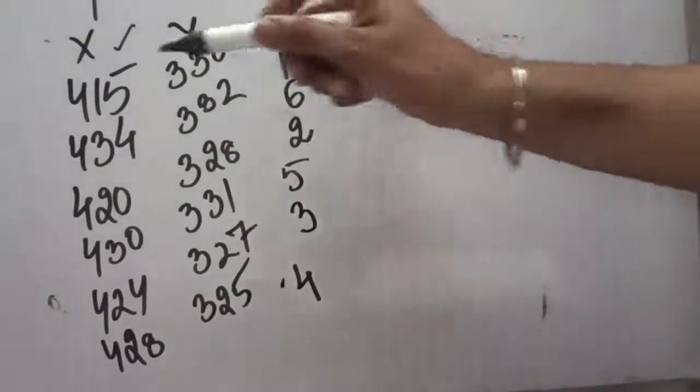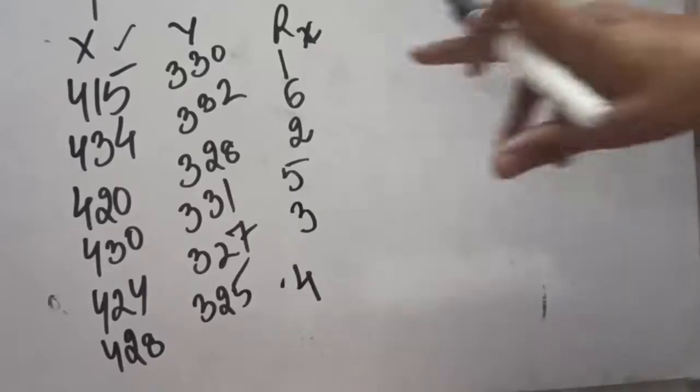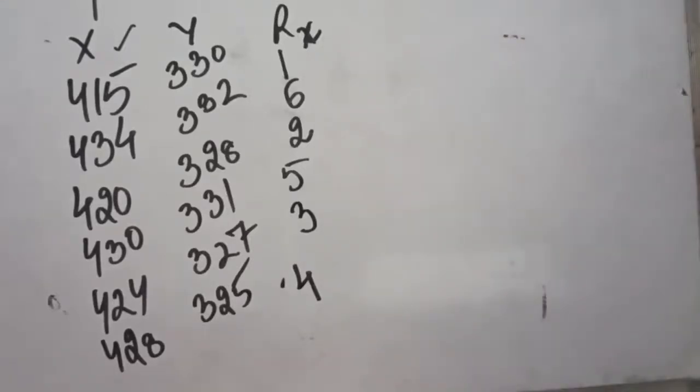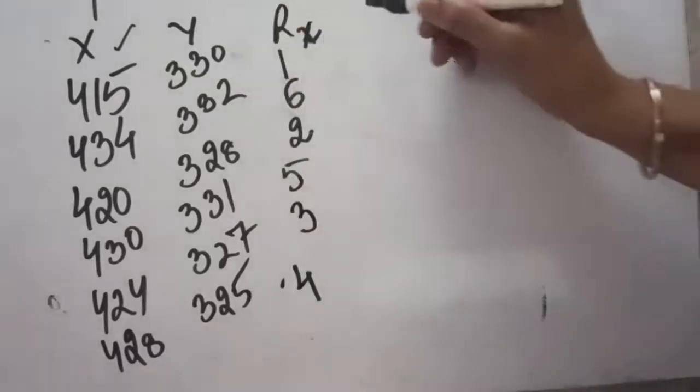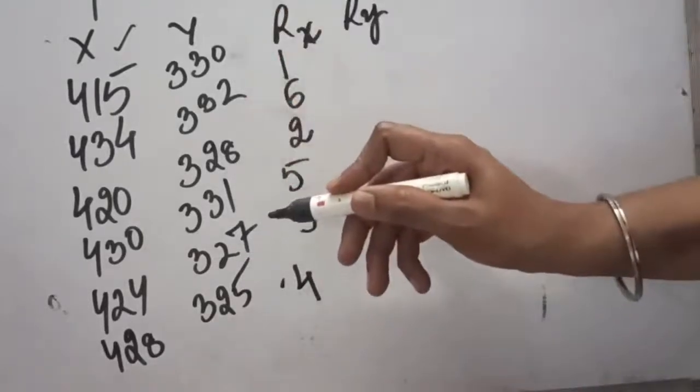Now another important point here is, as I have given 1 to the smallest number, you can do vice versa also. It means that the maximum number can be given 1. So you can arrange these ranks according to ascending or descending order. Both are correct and you will get the same answer. Coming to rank of Y series. So here also I am going to start from the smallest number.